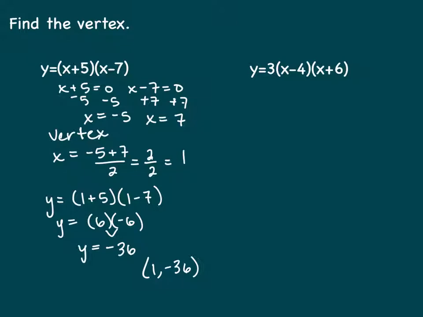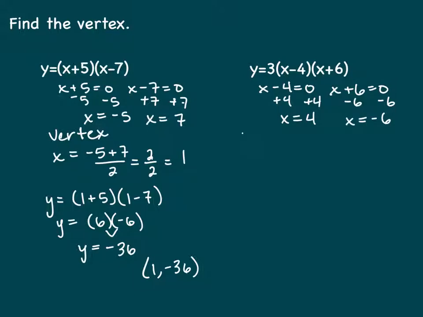So 3 times 0 times 20 would still give me 0, for example. So I'm going to set my factors equal to 0: x minus 4 equals 0, x plus 6 equals 0. So add 4, subtract 6. So x equals 4, and x equals negative 6.